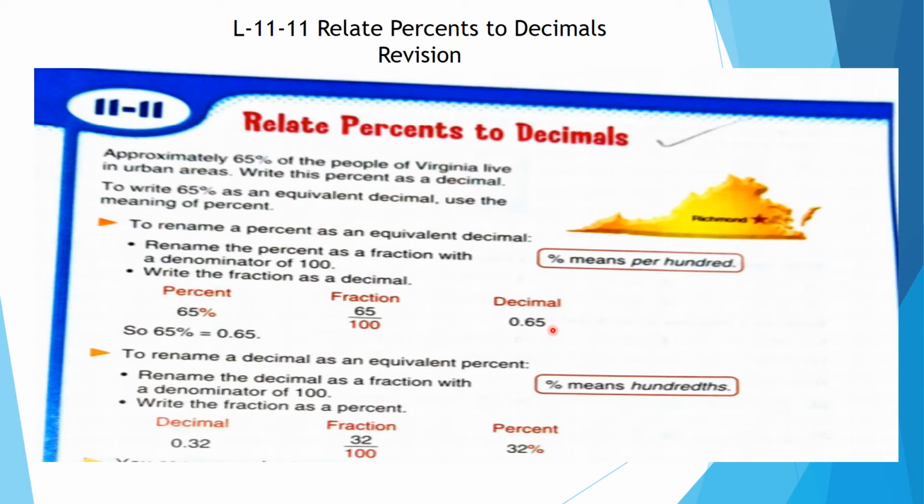And the opposite of this one, if a decimal is given, then convert it into percent the same way. 0.32, then if you move the decimal to the right side, you get 32 divided by 100, and if you get 32 out of 100, it means 32%. I think this one is clear.